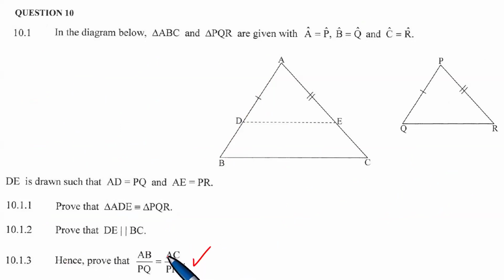10.1.3. Hence prove that AB over PQ is equal to AC over PR.